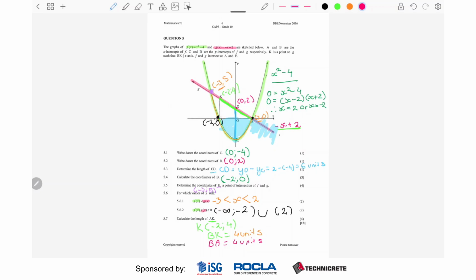And since we're already given that BK is parallel to the y-axis, this makes this a right triangle. And since we already have this side and this side, we can use the theorem of Pythagoras to figure out the length of AK. So once we do that, AK will be equal to the square root of 4 squared plus 4 squared. That will give us 5.66 units.